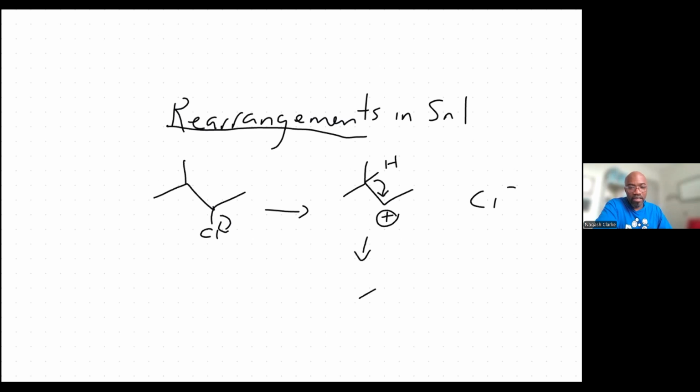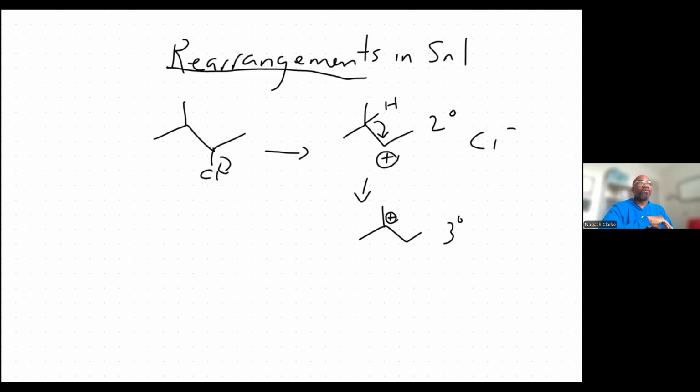We call it a hydride shift. And therefore the carbocation is now on the tertiary carbon. It was secondary and now we have tertiary. Rearrangements happen to stabilize. We never go from a tertiary to a secondary, because there's no motivation for that.